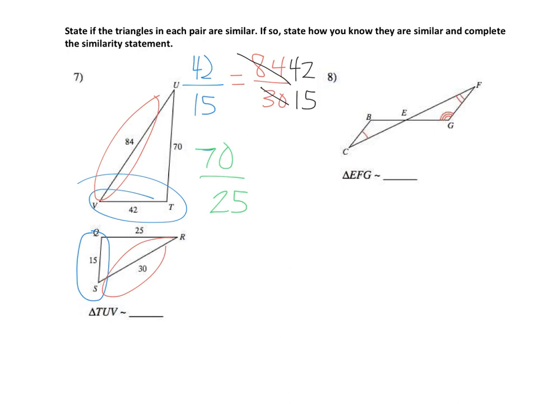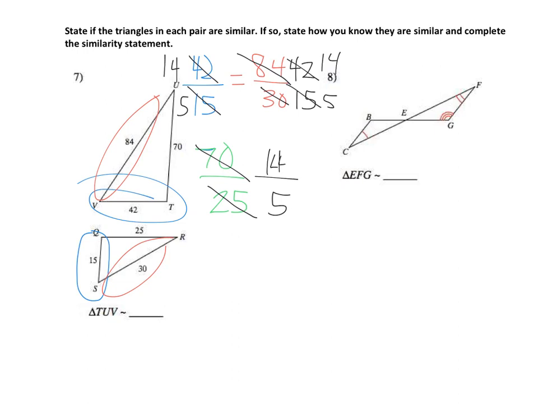So let's go back to the first one, 42 over 15. I can reduce that one by 3. So 3 goes into 15 5 times, and 3 goes into 42 14 times. And I can, of course, do that same thing here. From 70 to 25, I can reduce both of those by 5. So 5 goes into 25 5 times, and 5 goes into 70 14 times. So we have the same ratio for all three of them.